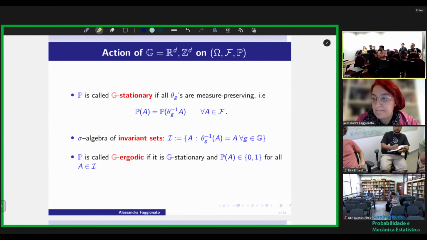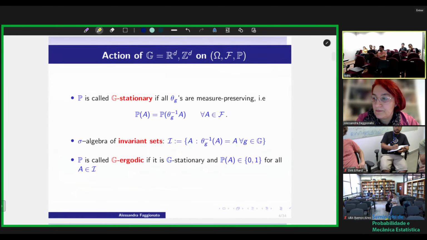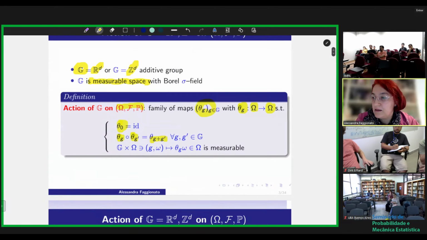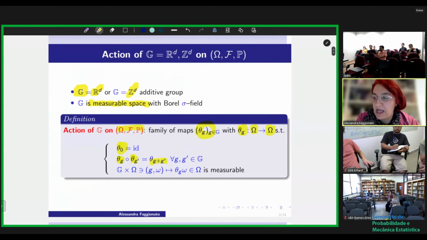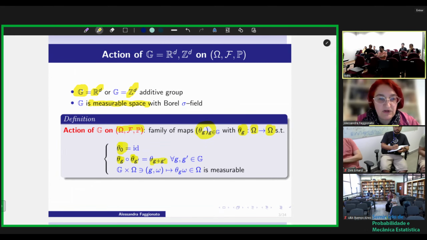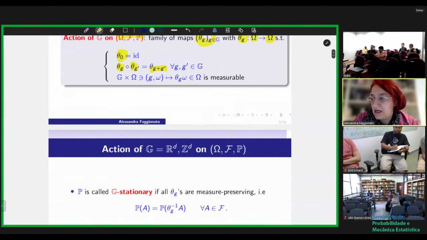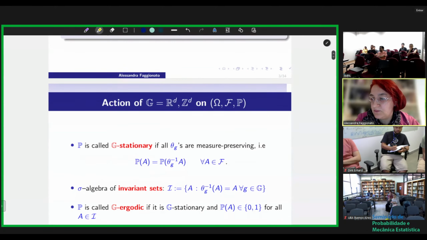For the moment there's no measure on omega, so you can think pointwise, not only almost surely. Otherwise you restrict, but I take this form of action to simplify, though usually it's in this form. Anyway, this is the concept of action.